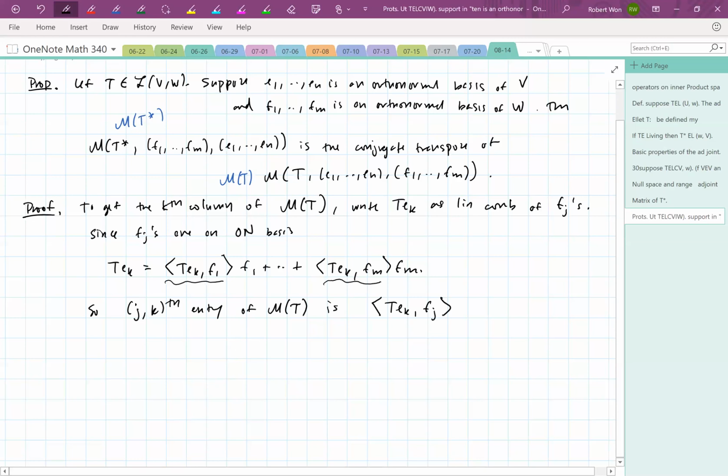Now by the exact same reasoning, we can see that also the jkth entry of MT star is going to be given by T star of Fk written in terms of the Ej's, but the Ej's are an orthonormal basis, so you can just take this particular inner product.